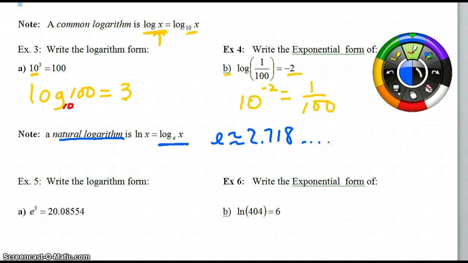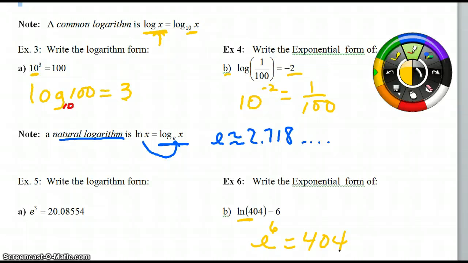So if you see an ln, you're going to have to know that this is a log to the base e. And you might not see it there, so let's take a look at 6. Example 6, notice that doesn't even spell log, but it has natural log. So you're going to have to know that this means the base is e. Remember, the other side of the equal sign is our exponent, and this equals 404.